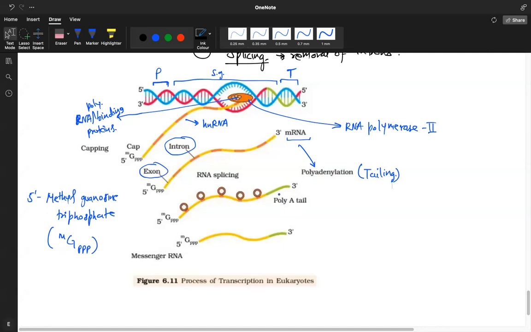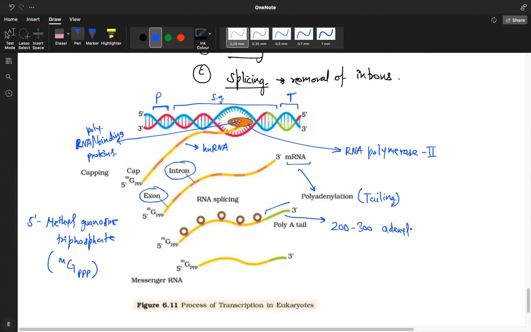Okay, sir. Is it clear? Yes, sir. So this green part that you see here is actually around 200 to 300 adenylate residues. Okay.